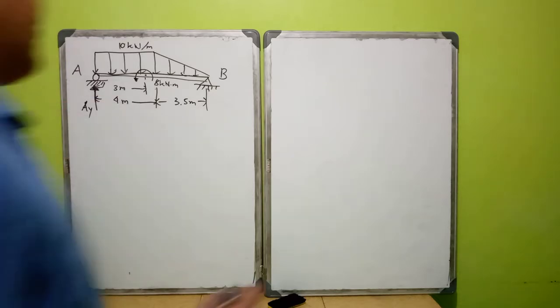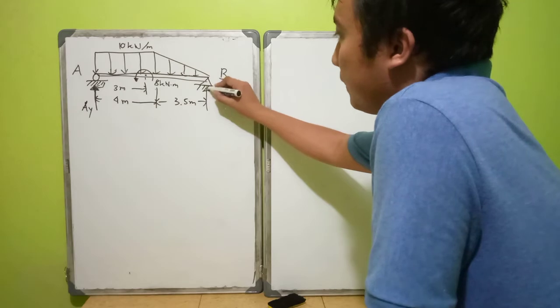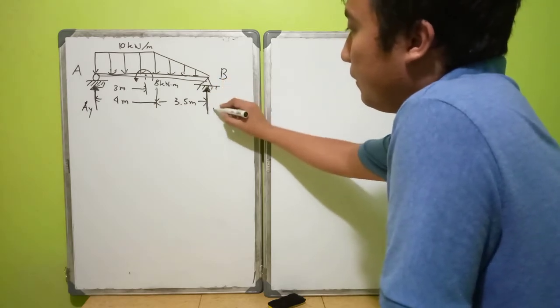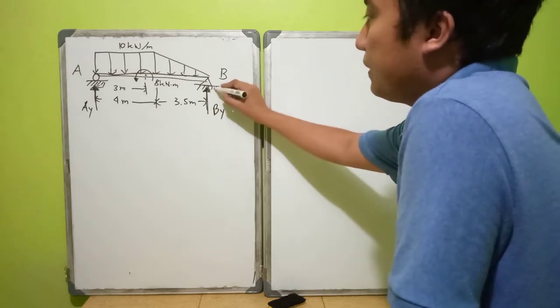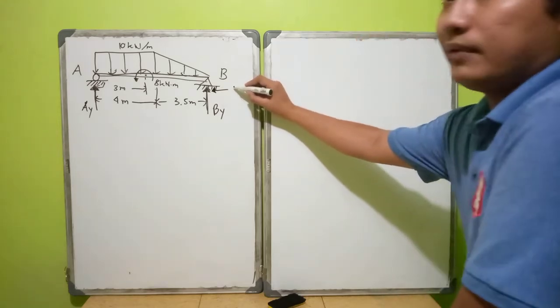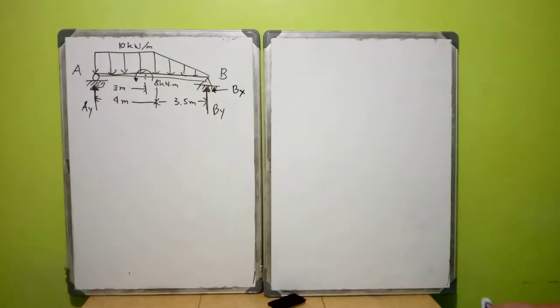And for this pin support, it is possible that there is not just a vertical but also a horizontal reaction. So let us assume there are two reactions, Bx and By respectively.